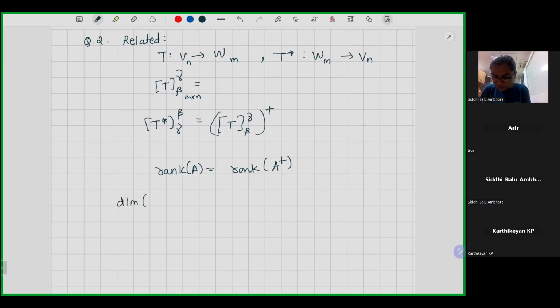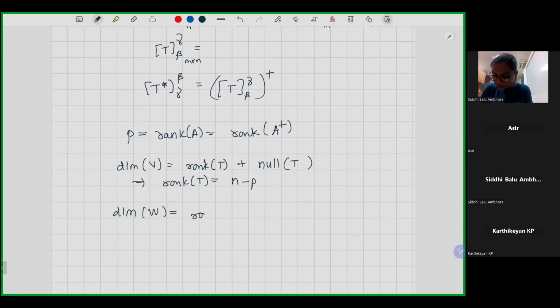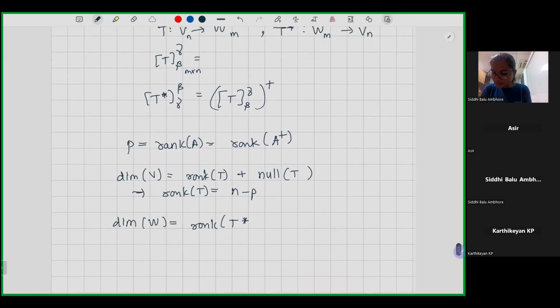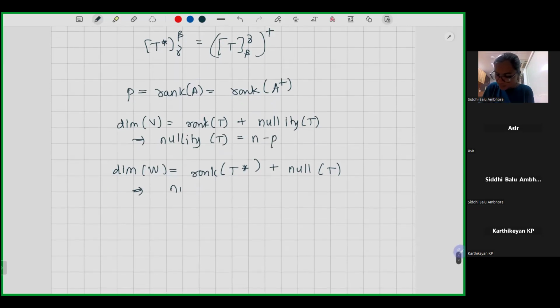Then dimension of V is equal to rank of T plus nullity of T. If I call the rank of T to be some P, then nullity of T will be N minus P. But for T star, dimension of W is rank of T star plus nullity of T star. So nullity of T star will be M minus P.